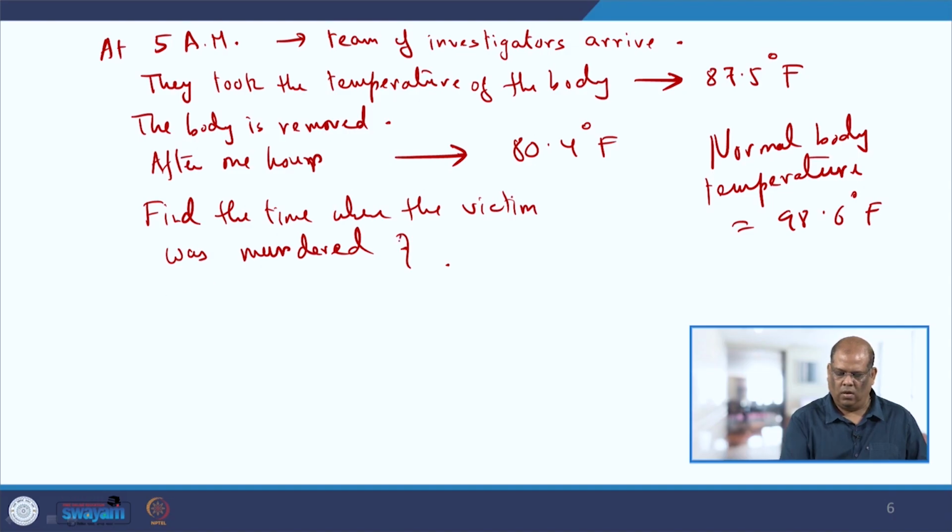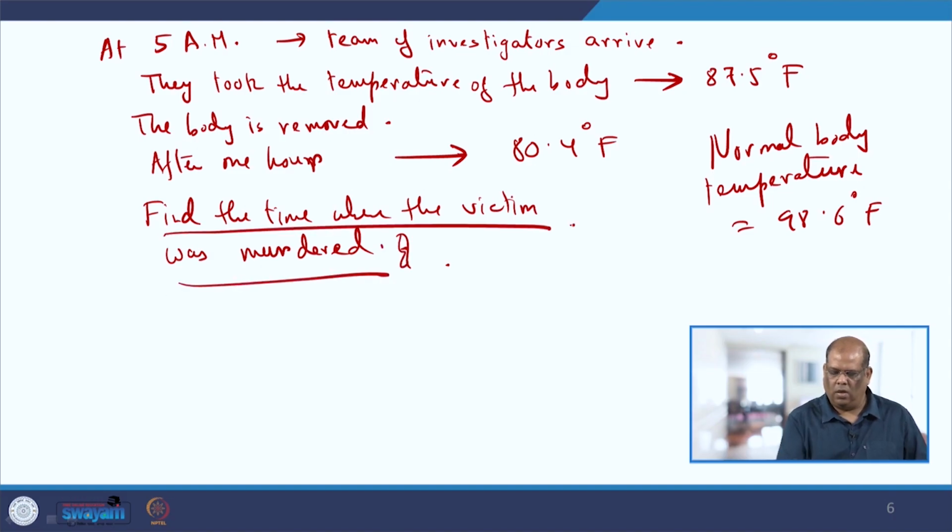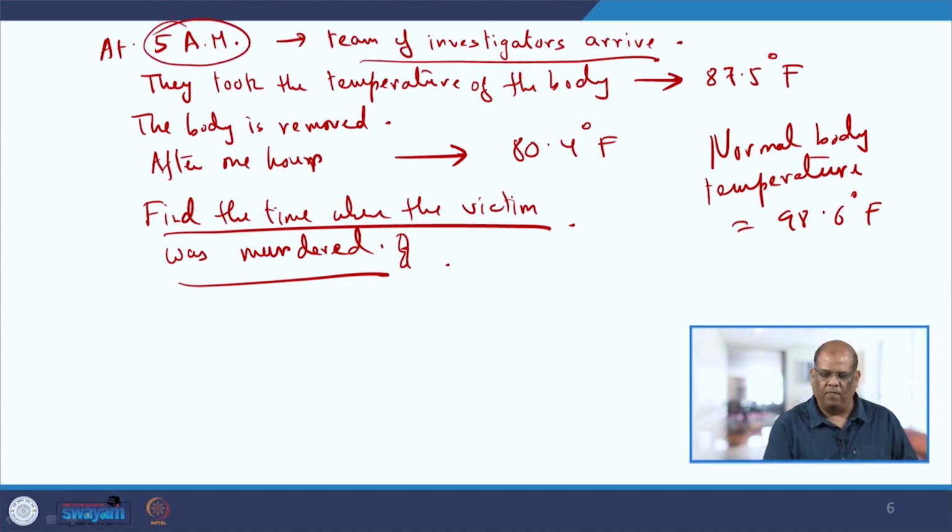We will be using Newton's law of cooling to find an approximate time when the victim was murdered, and this is exactly what is done in real life also. So, once again the gist of the problem is that there has been a murder in the neighborhood, the police got a call and the first team of investigators arrives at 5 a.m. They took the temperature of the body, which was 87.5 degree Fahrenheit.